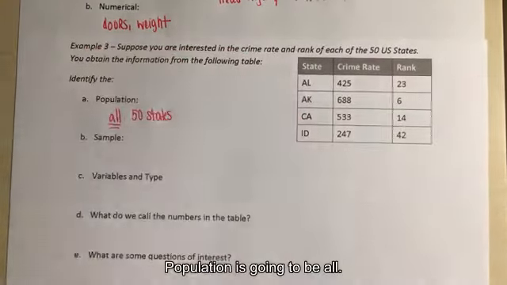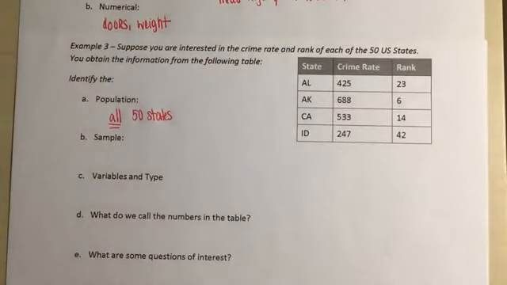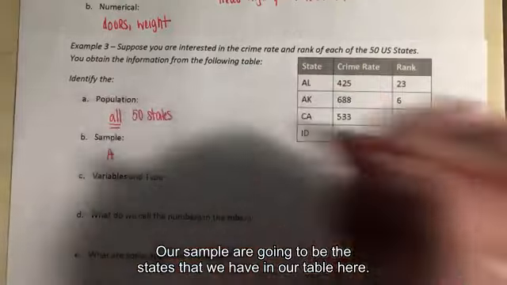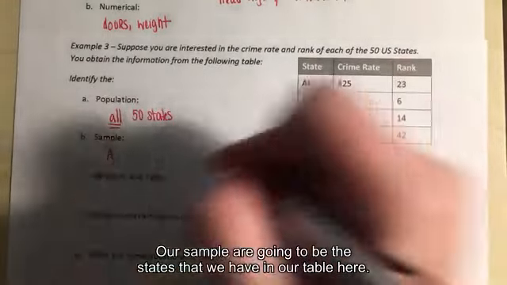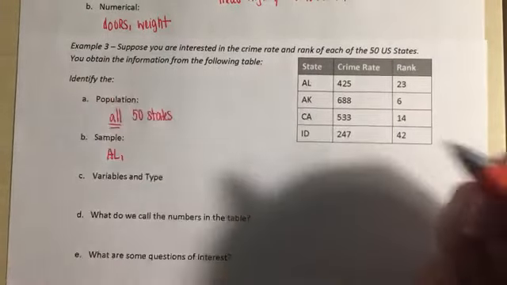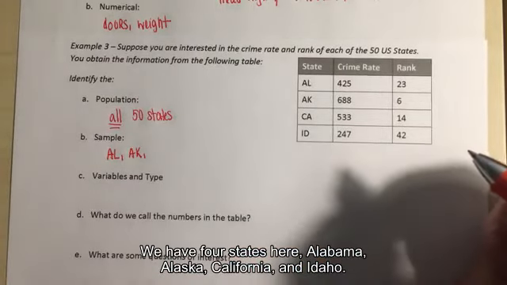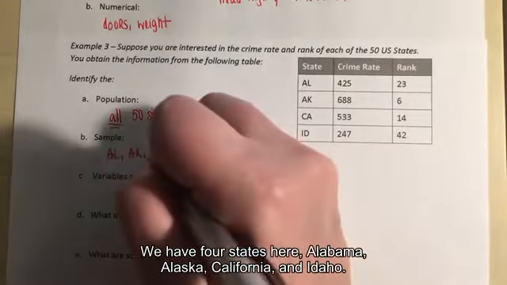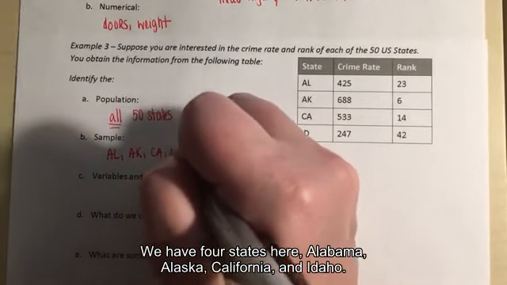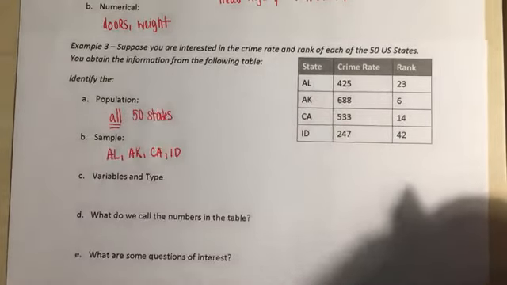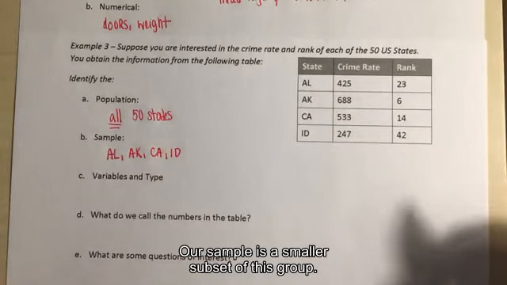Our sample is going to be the states that we have in our table here. We have 4 states, Alabama, Alaska, California, and Idaho. So our sample is a smaller subset of this group.